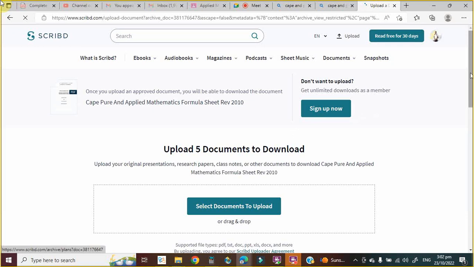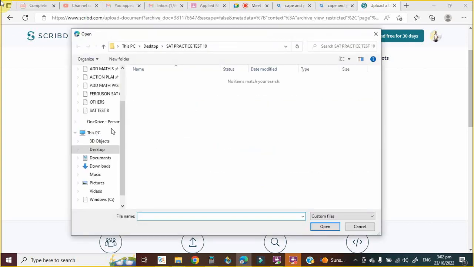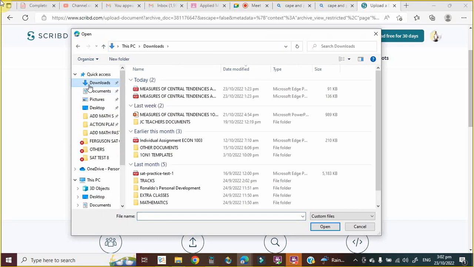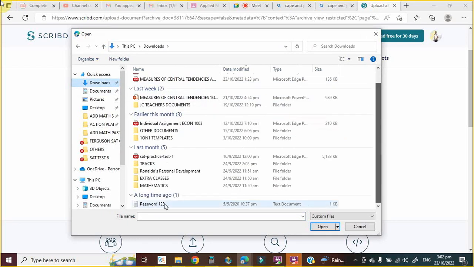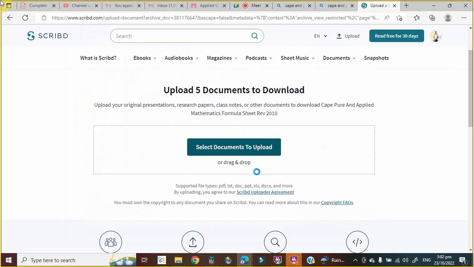You have to upload 5 documents before they allow you to download. Anybody download anything from Scribd? Yeah, so Scribd, let me see. I don't like uploading my personal stuff, so I will upload some track and field documents.